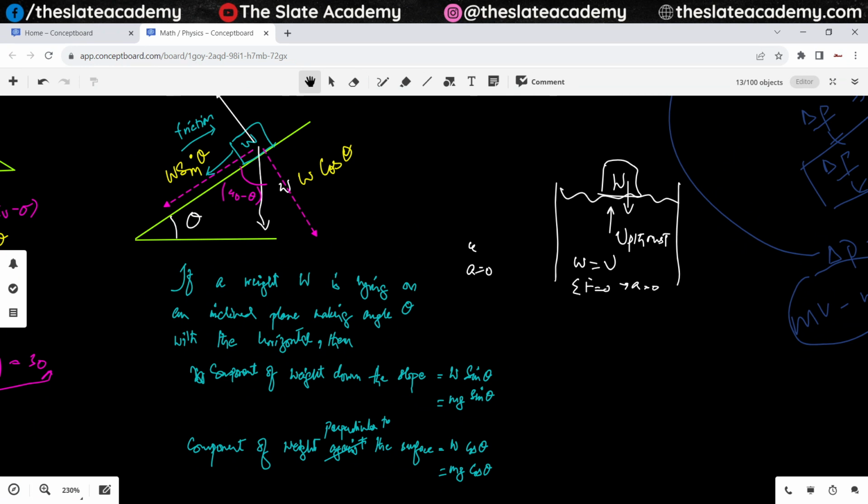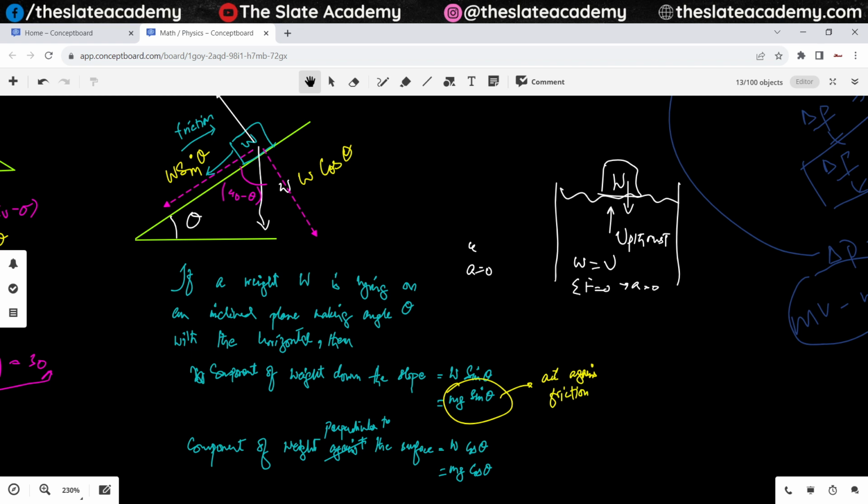Yes. Okay. Now as we can see from the diagram, this mg sin theta is what would act against friction. So if an object is sliding down the surface with a constant velocity, I would know that on the slope surface the forces are balanced.